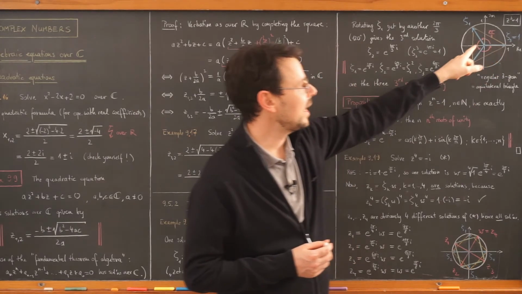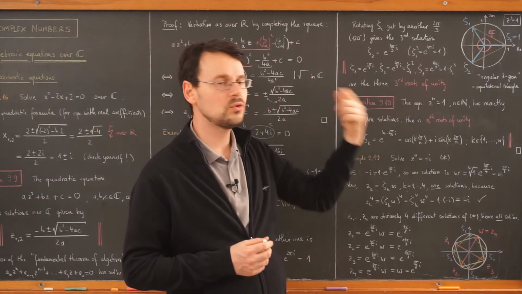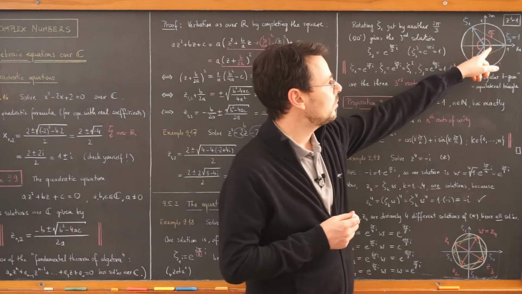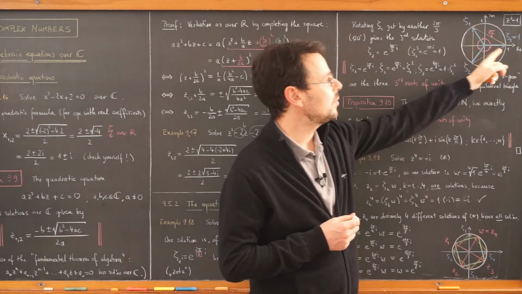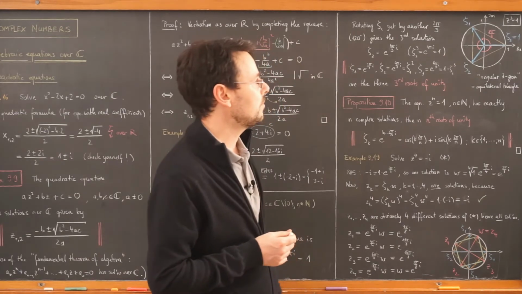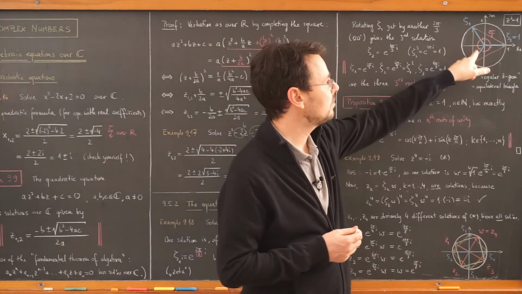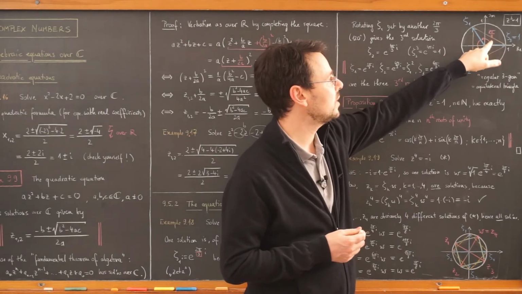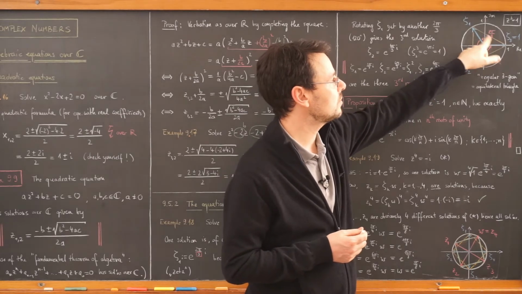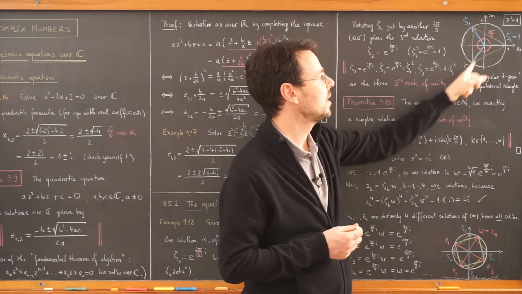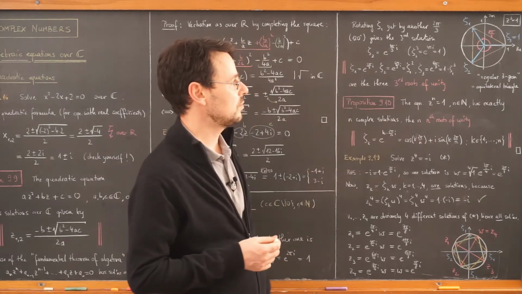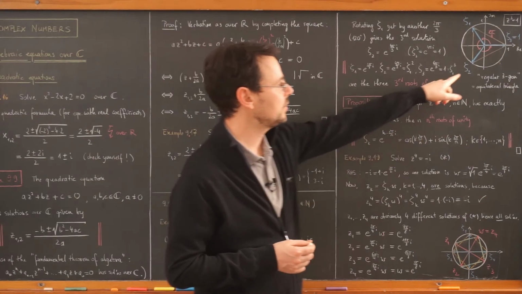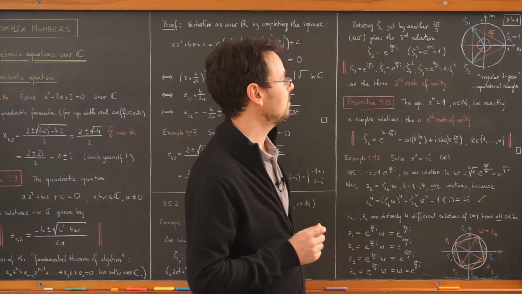Because this angle here times 3 gives me 2 pi. So I end up with e to the 2 pi i, which is nothing but 1. And then, of course, rotating by another 2 pi over 3, altogether 240 degrees, gives me the third solution, here denoted by zeta sub 2.